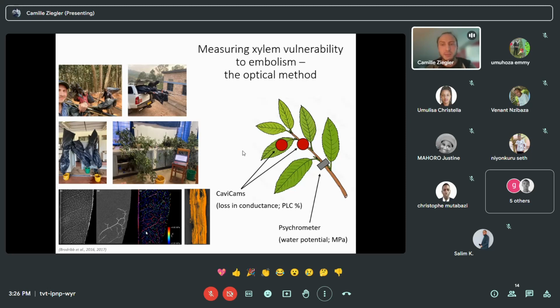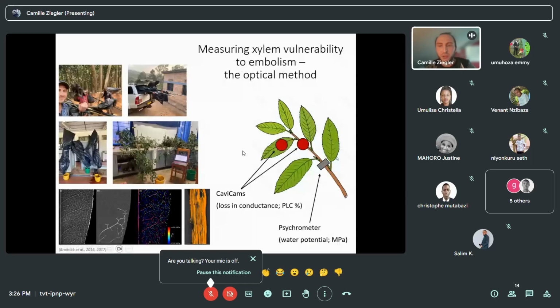We call them cavity cams, and they take pictures every 5 minutes during branch dehydration. And from image analysis, we can identify embolism events in the leaves and in the stem, and then reconstruct the dynamics of embolism and hence loss in hydraulic conductivity.